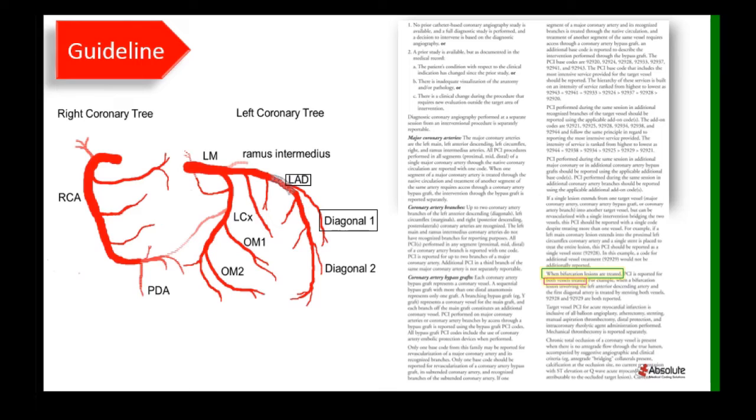We're going to place a stent in the left anterior descending and one in the diagonal. And you know what? You got two codes. We're going to code it 92928 LD and 92929 for the branch. So the moral of the story, if you've got two treatments, you use two codes. You code them both. All right, so let's move on and learn the FTRs for coding percutaneous coronary intervention.